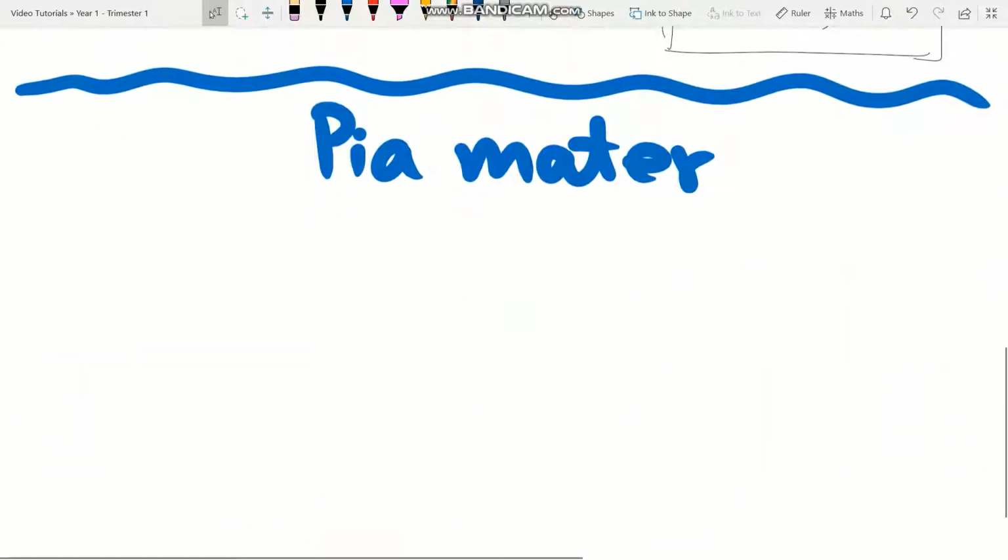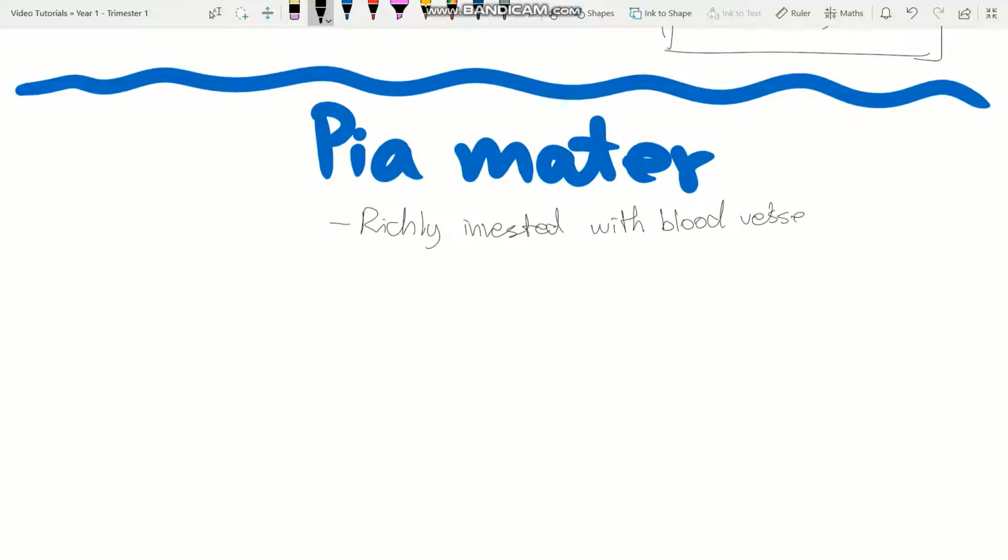So as blood vessels lie on this pia mater, it's richly invested and has blood vessels connected within it. Now, this pia mater is quite unique in its structure as well, because it's so delicate, it actually clings quite tightly to the brain.